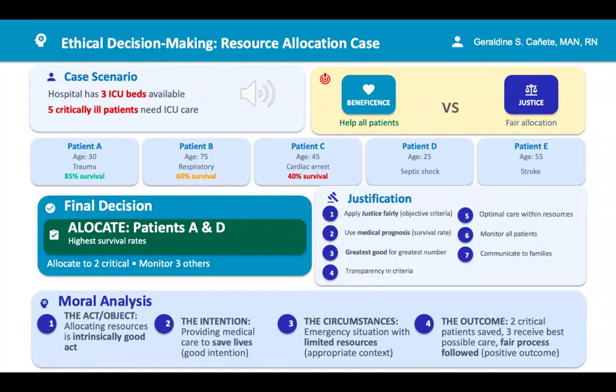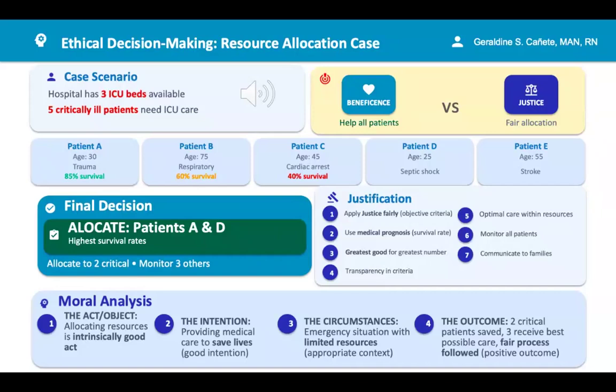Some have a higher chance of survival than others. The medical team must decide which patients will receive the limited ICU beds. This is a difficult decision with life or death consequences.